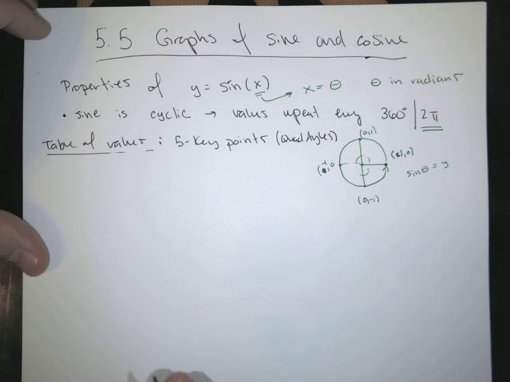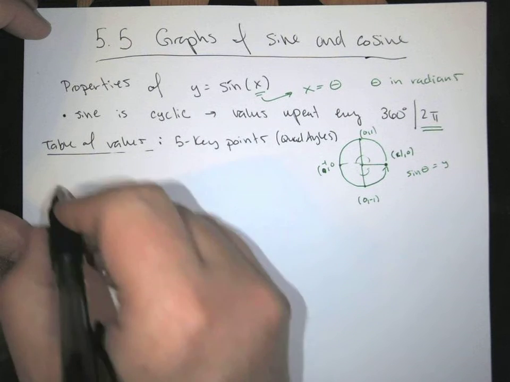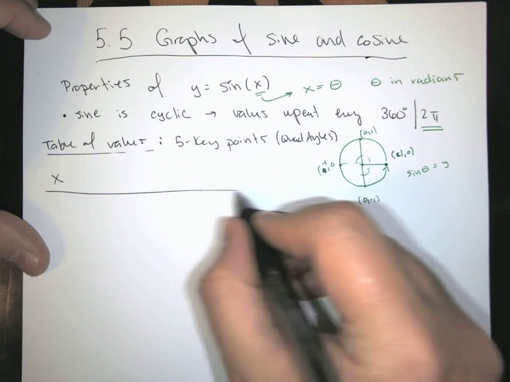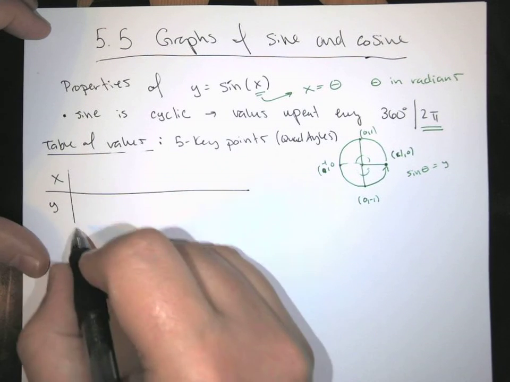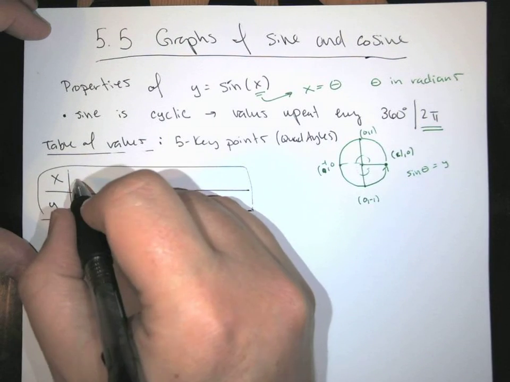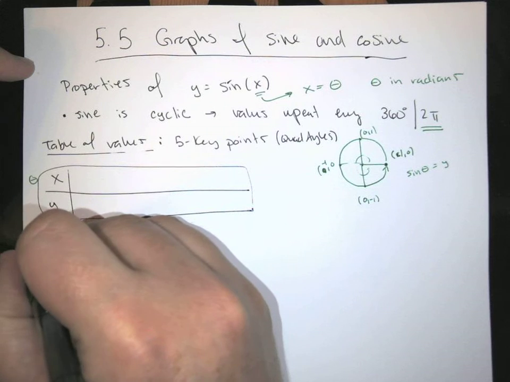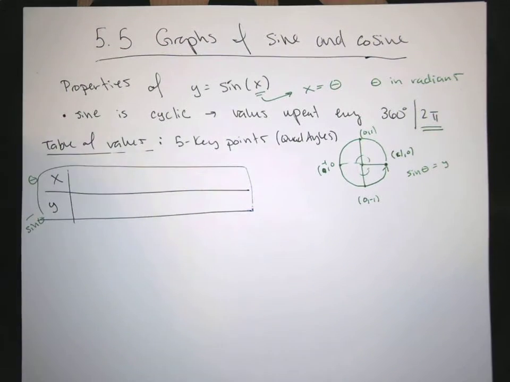So we'll base it on 0, pi over 2, pi, 3 pi over 2, and 2 pi. So if we go x, y, what's going to happen here? This is our theta. The y value is the sine at theta.